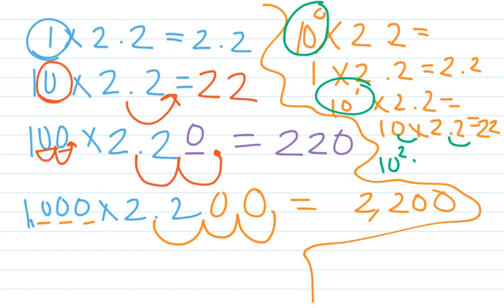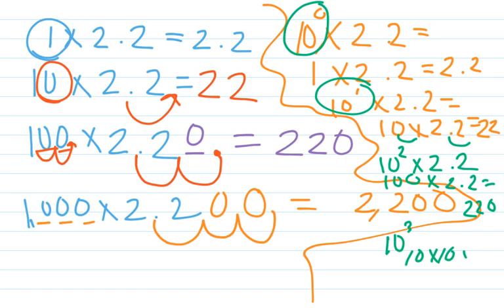So the second power of 10 times 2 and 2/10: the second power of 10 is 100, because what we're saying is 10 times 10. So 100 times 2 and 2/10 would give us 220. And the third power of 10 would be 10 times 10 times 10, which gives us 3 zeros, which would be 1,000.